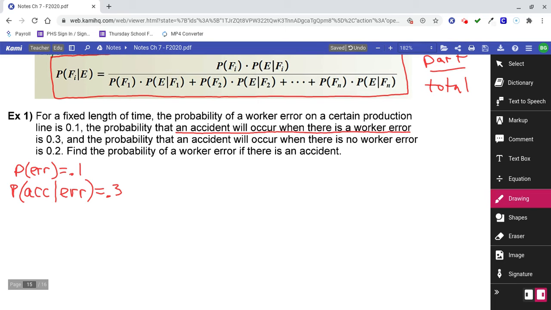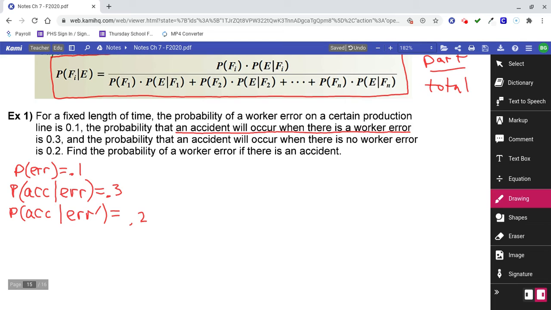Continuing, the probability that an accident will occur when there is no worker error is 0.2. So that's kind of the same deal. We're finding the probability of an accident given that there was no error. So remember the little complement symbol. Can you just write probability of an accident equals 0.2, or do you have to include given that there's no error?